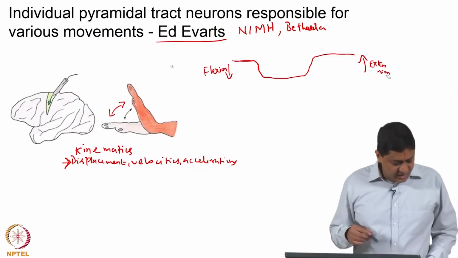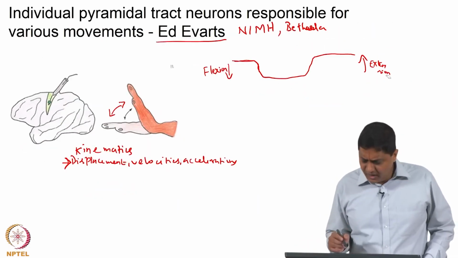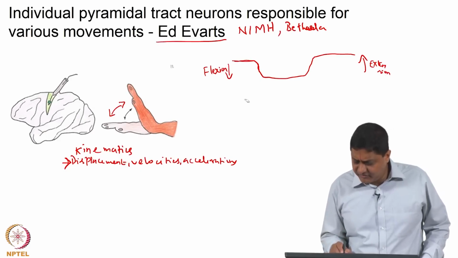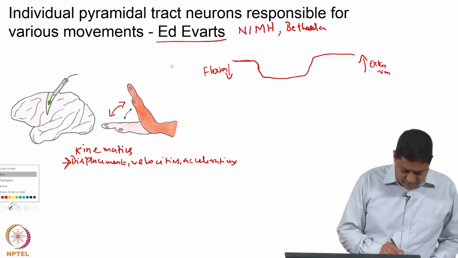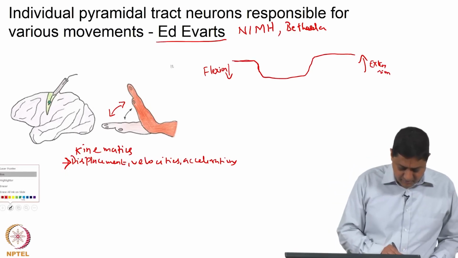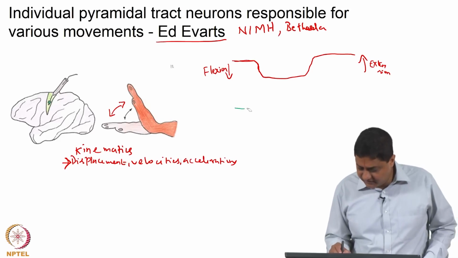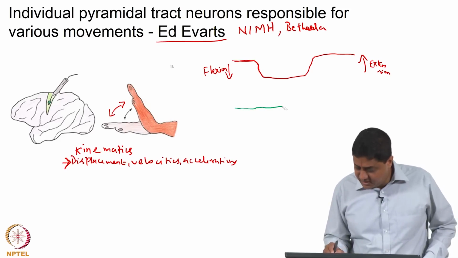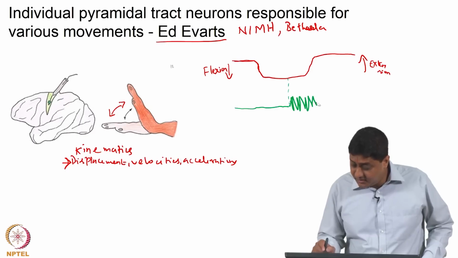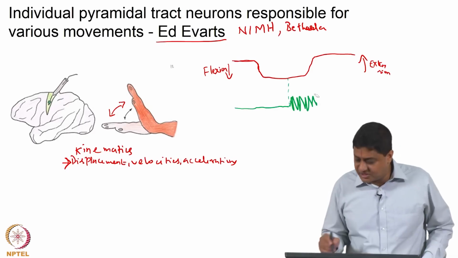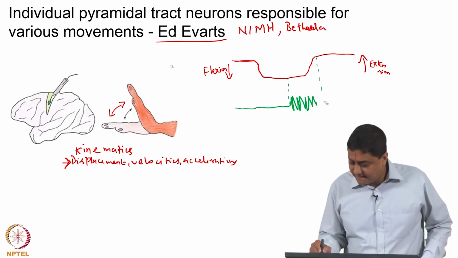And now he recorded the activity of a particular neuron. What this neuron did was, it was silent. I am going to draw the neuronal activity in a different color, say this green, right. So, this is neuronal activity. This neuron is silent until about that time, say for example, and then starts firing just prior to extension and during extension.